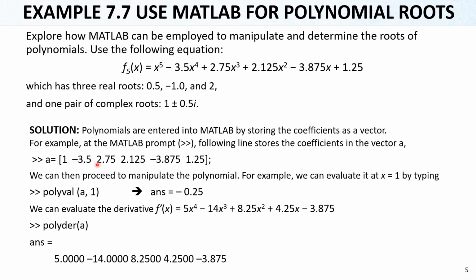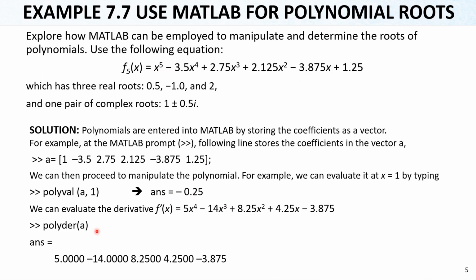Because it has 1, 2, 3, 4, 5, 6 terms, it understands that this polynomial has 6 terms, so 6 minus 1, 5th degree. So it solves a 5th order polynomial with these coefficients for x equals 1, and it just plugs in 1 here and so gets the solution.